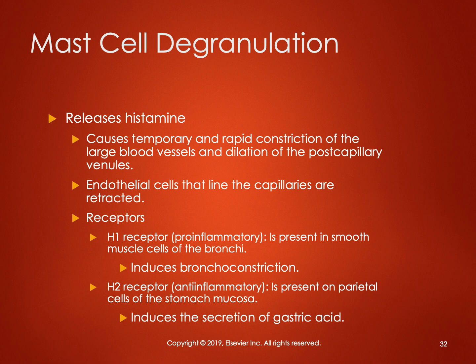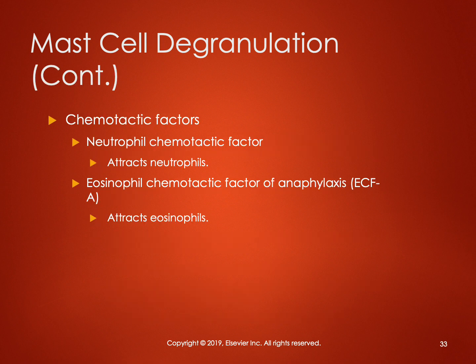And so that's how you can apply what occurs with mast cells, not only in the science arena, but think about it as clinicians. Now let's talk about the chemotactic factors that play a role in mast cell degranulation. These chemotactic factors are neutrophil chemotactic factor, also known as NCF, and we also have eosinophil chemotactic factor of anaphylaxis, ECF.